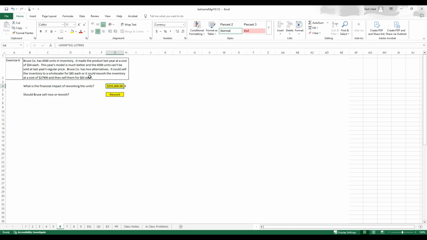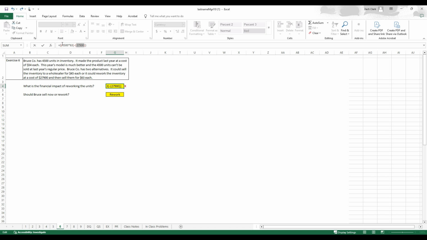I'm trying to think about exactly what this would be. I think it's asking us, sorry, I've got to think through this one as well. So if we sold it to the wholesaler, our total cost of rework is $27,900, so that's what we have here. We have 4,500 units, and this is the rework and then sell them. So the cost of reworking them is $27,900.